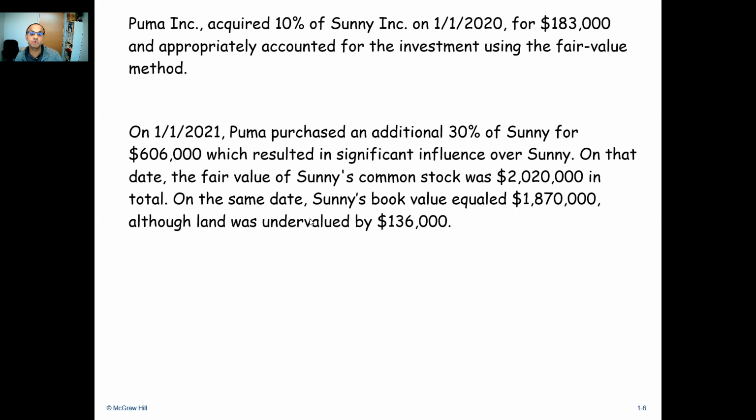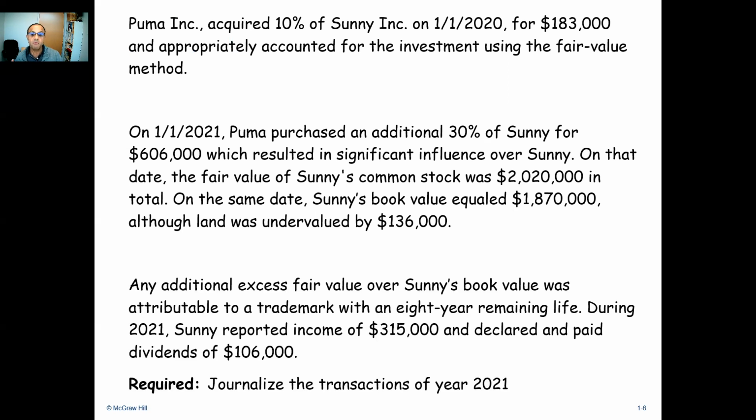And then the land was undervalued by 136. And now there is an additional excess fair value over Sunny book value, but was attributed to a trademark.